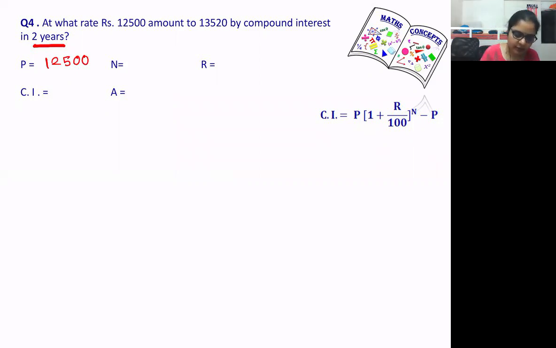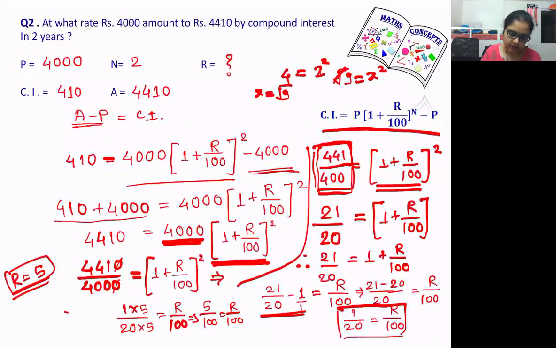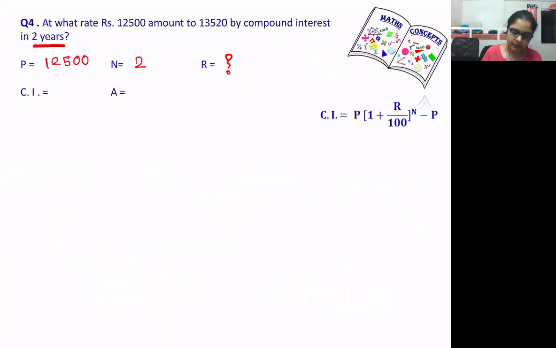12,500. Number of years is 2. We want to find out the rate of interest. This is similar to our example number 2, I think. Here we found out the rate of interest. They had given us amount and principal and number of years. Yes, ma'am. Number of years is 2. Compound interest, we do not know directly, but indirectly we do.